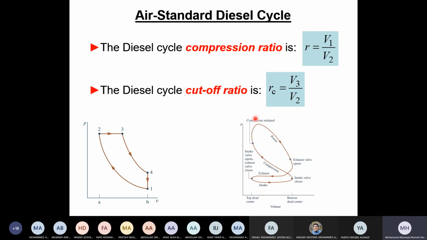Forget about combustion being initiated here as in the Otto cycle. In a diesel engine, combustion is initiated not by a spark but by injecting the fuel. So we start injecting the fuel at this point.